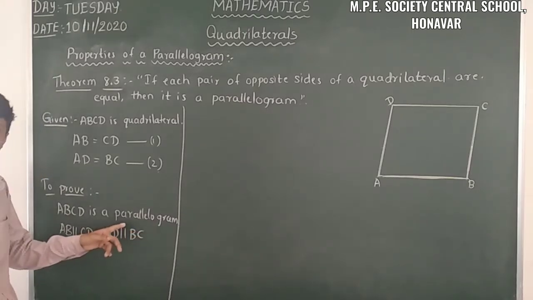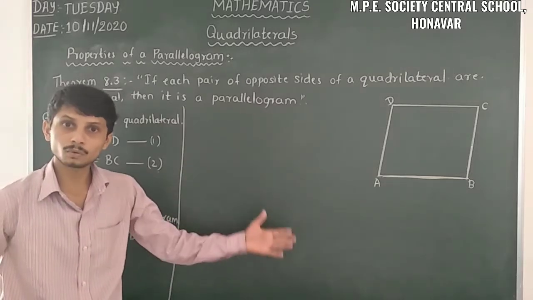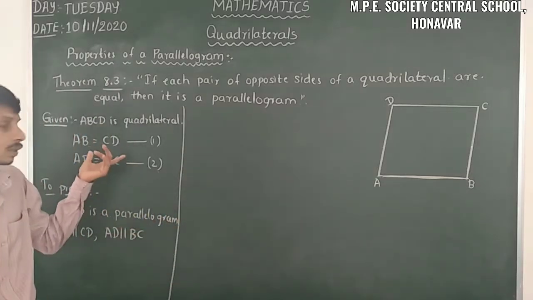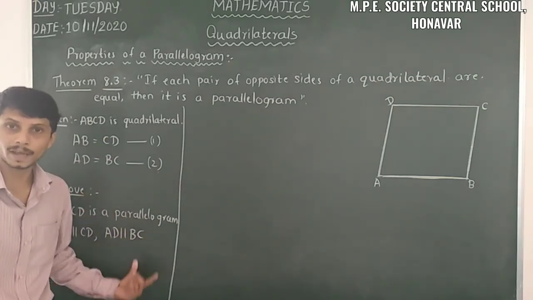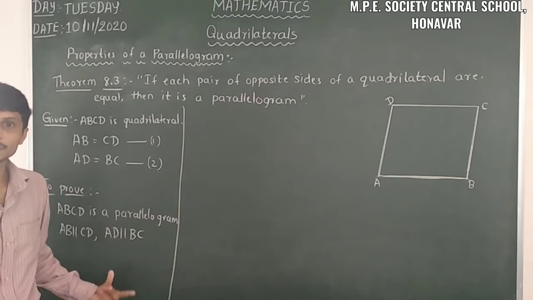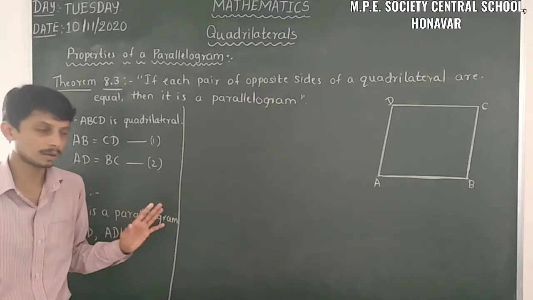That is because we know that in a parallelogram the opposite sides are equal as well as parallel. We know that they are equal, but when we prove that those two are parallel, we can easily conclude that ABCD is a parallelogram.